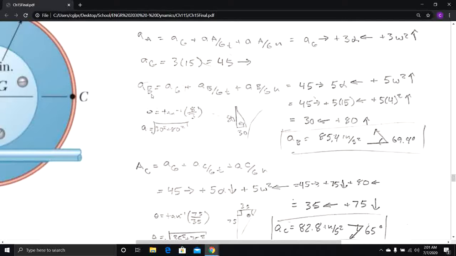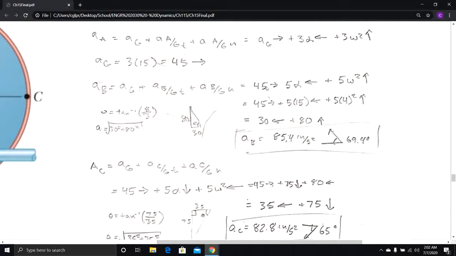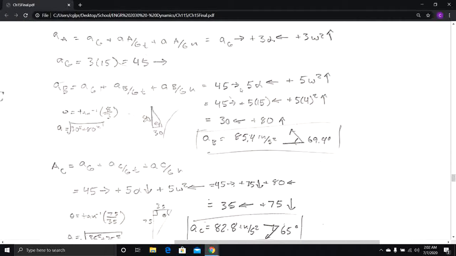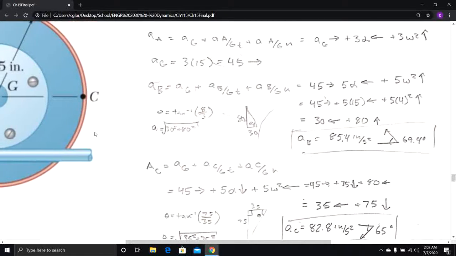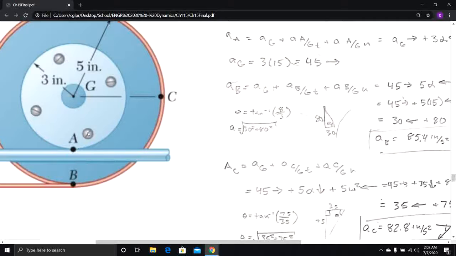And I can then use that to solve for the acceleration of B, which is 45 to the right. Again, on G, looking at B, it's going to be going to the left. Distance is 5. And it's going to be going up.